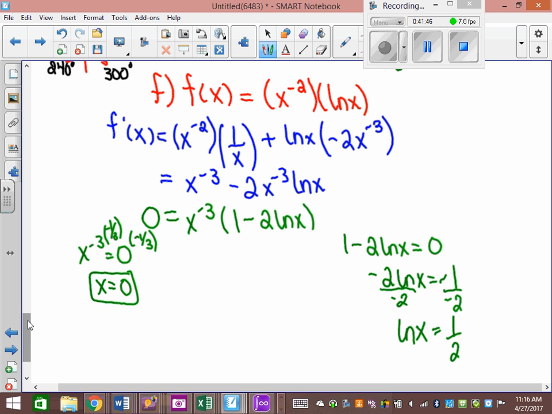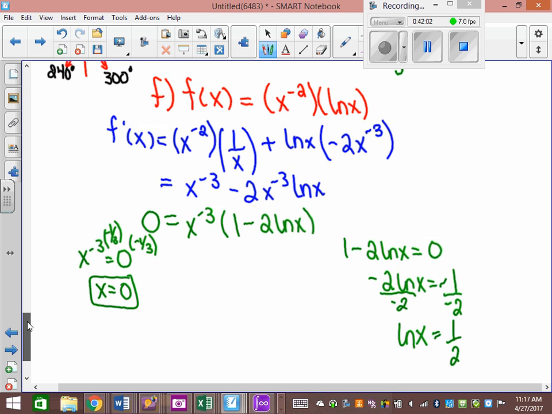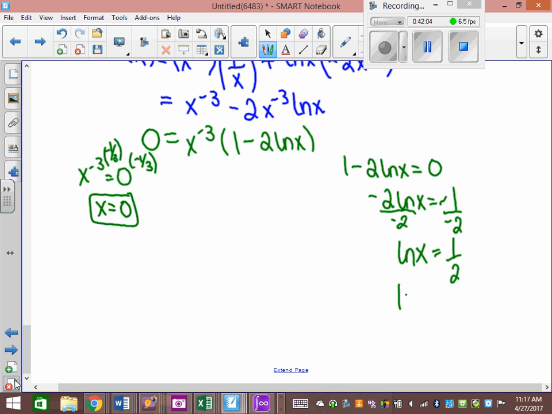How do we solve ln? Ln is what base? Log base e. Log itself is log base 10. Ln is log base e. Yes. Log base e of x equals a half. And then we just do our rule. e to the exponent of a half equals x. e to the power of a half equals x.